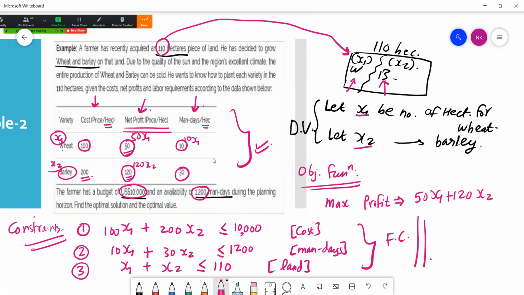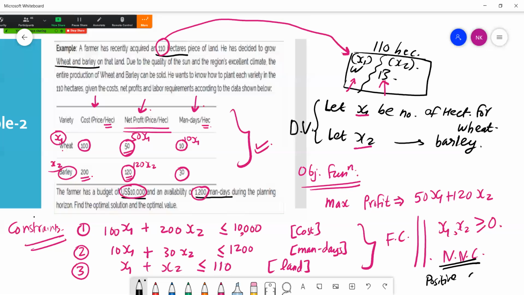If I consider the non-negative constraint, then x1 and x2 must be greater or equal to 0, because they are the piece of the land, they are the hectares, they are the area, and the area cannot be negative. So that is the reason we are considering this to be greater or equal to 0. I'm always writing non-negative constraints, not positive constraints.